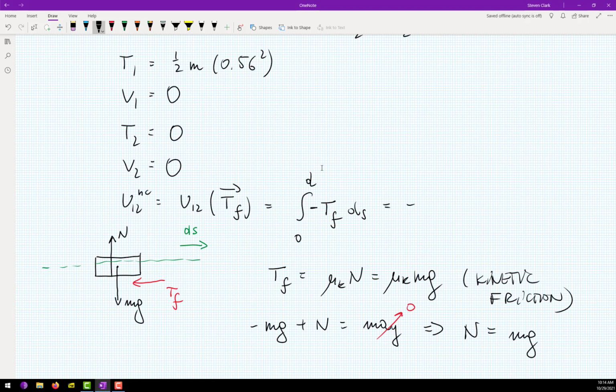So we have minus the integral from 0 to d of mu k mg ds. This is constant, and we'll end up with minus mu k mg d.